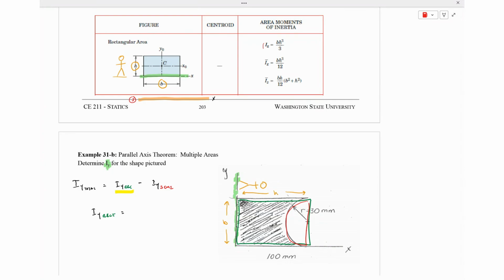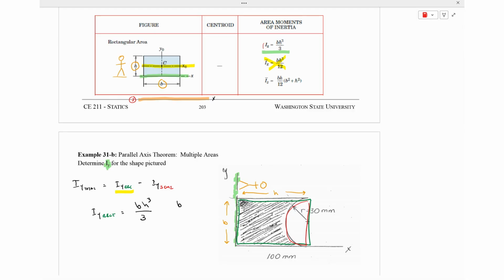So you have to kind of reorient yourself to see that correctly, but that means that we are going to use this one right here, bh cubed over 3, and we're not going to use this one. And why is that? That is the one that goes through the centroid again. That's not what we're looking for. We're looking for the one through the green axis. In this case, that'll be bh cubed over 3.